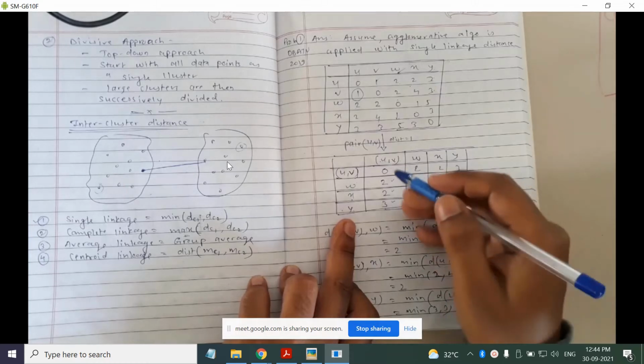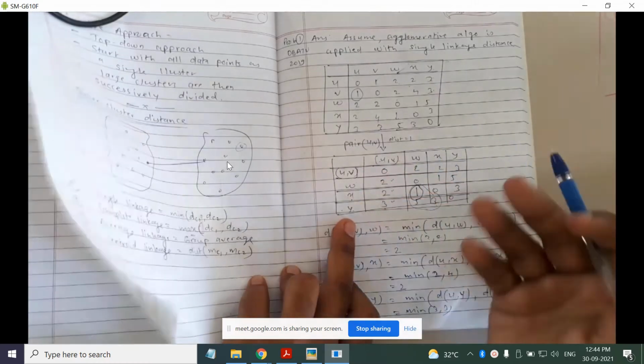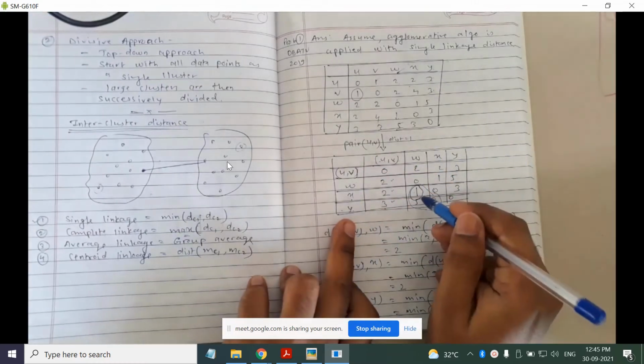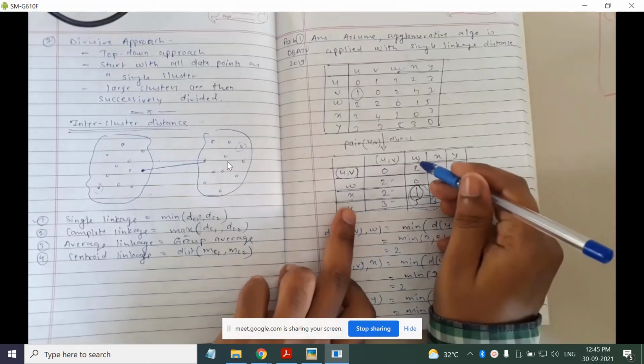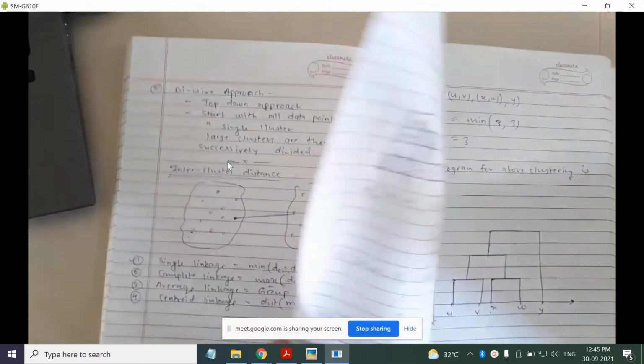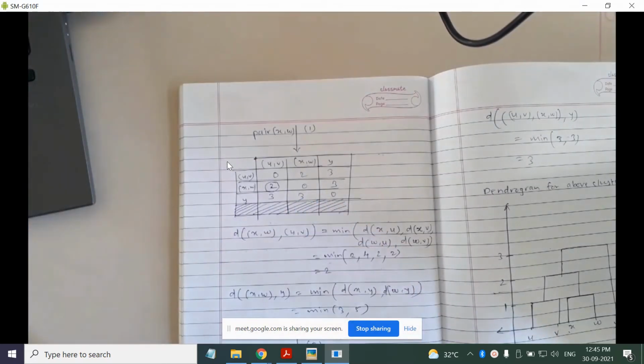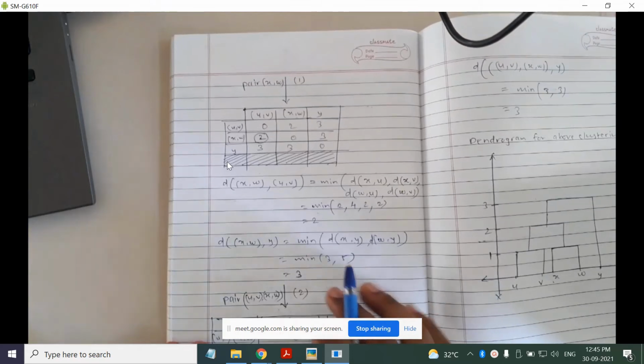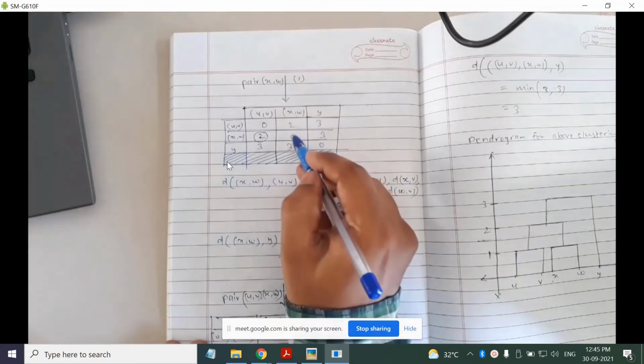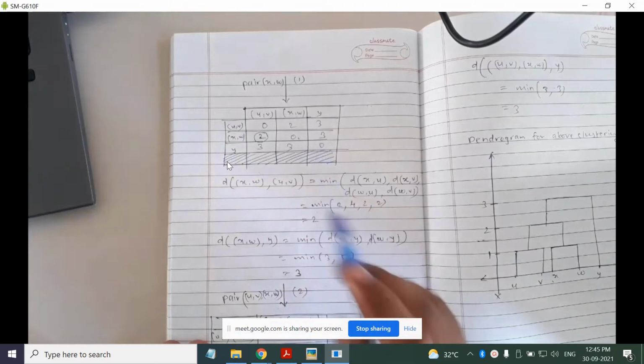Now repeat the same process: find the least distance, that is 1, and merge them, so W and X are merged. Same thing, you update the weights, so that particular distance will be updated.